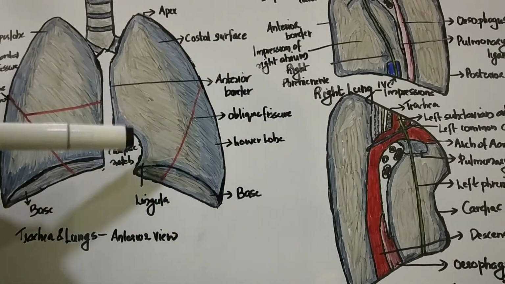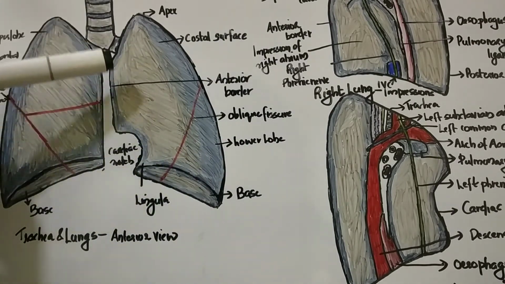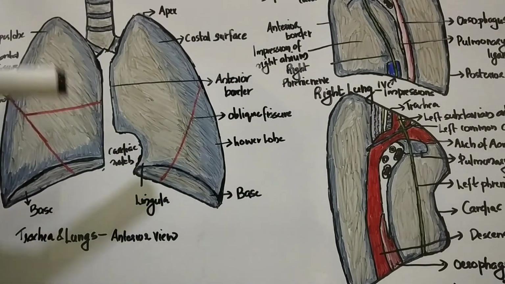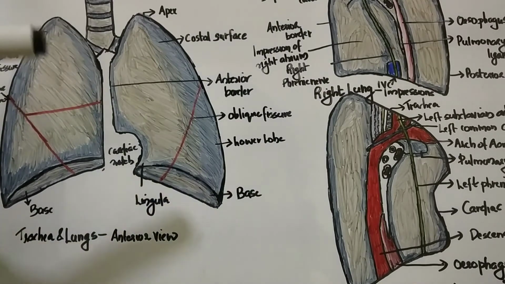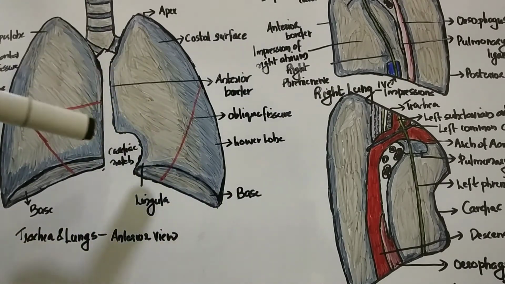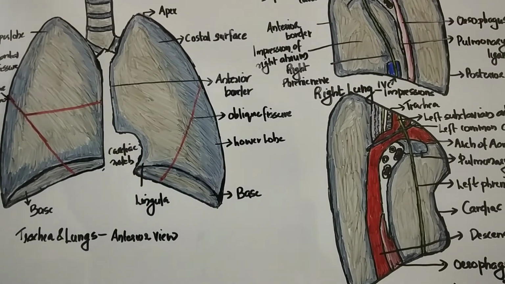And the anterior or the mediastinal part is related to the heart, and also it has different impressions including the cardiac impression.